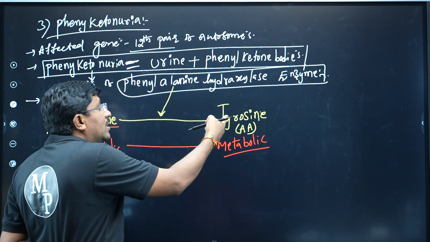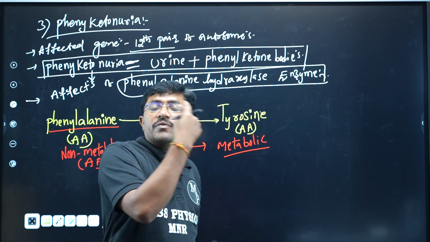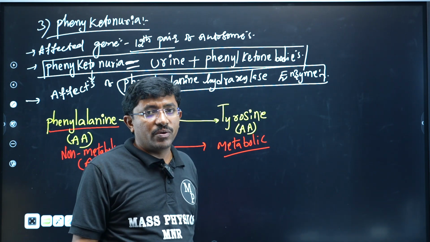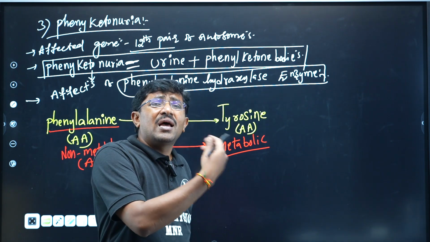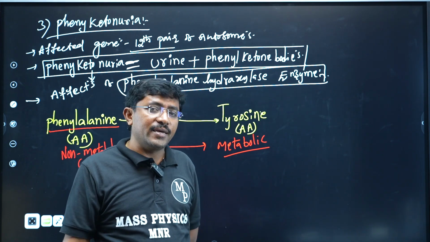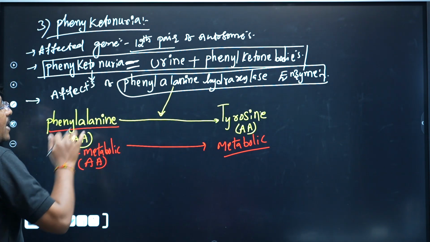Now tyrosine is easily digested with the help of certain other enzymes inside the body. It easily enters the cell, and within the cell it undergoes cell respiration for the production of energy. This is the normal function.